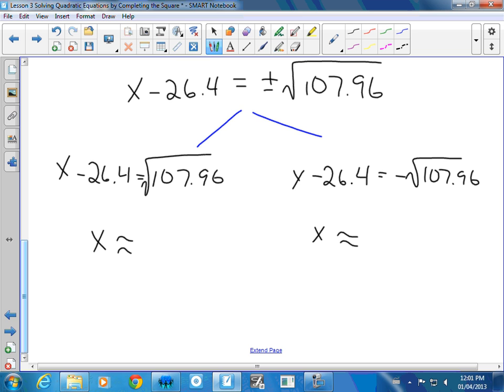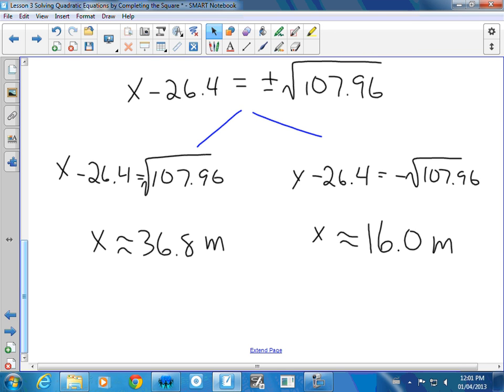The 26.4. So 107.96. What is it? 36.8 is the first one. And this one is? Is that what it is? Yeah? You got to be able to do the math.